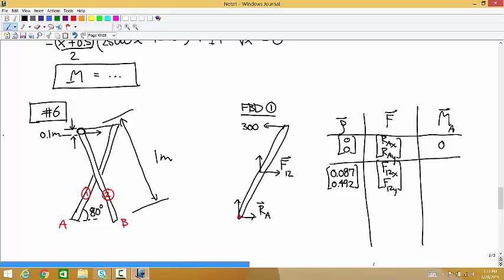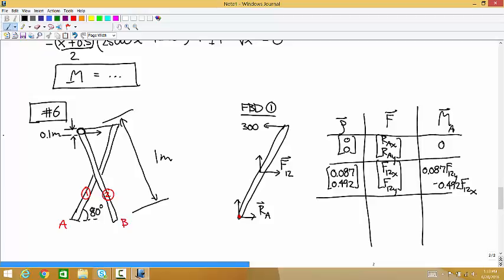So the cross product is 0.087 F12Y minus 0.492 F12X.